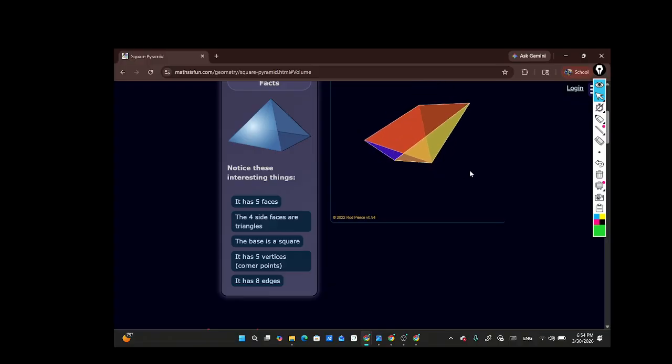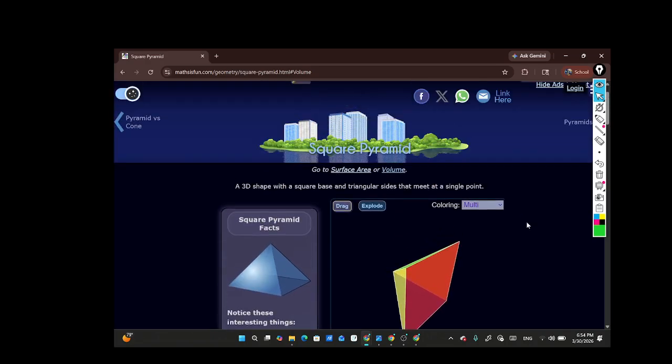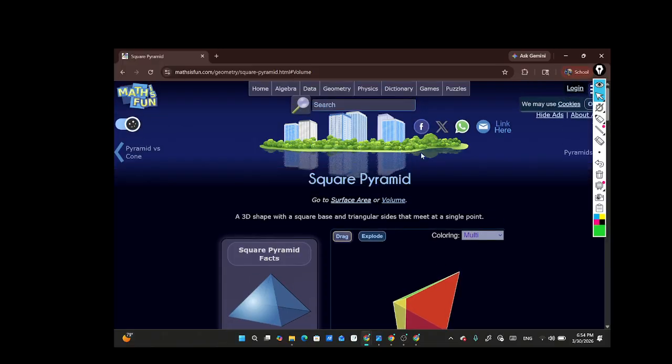But we also have the base. In this pyramid, it's a square pyramid because the base is a square.